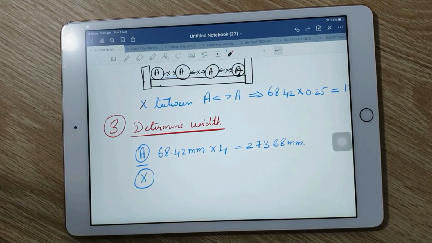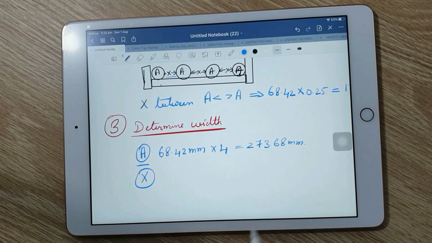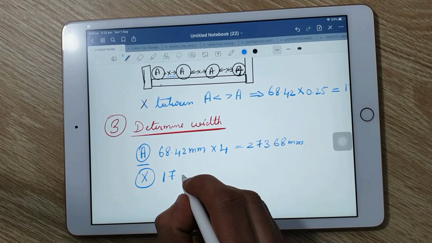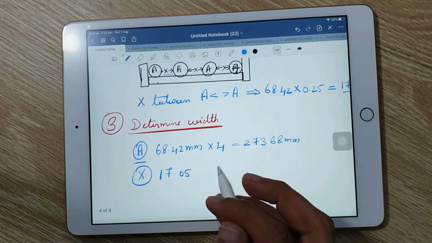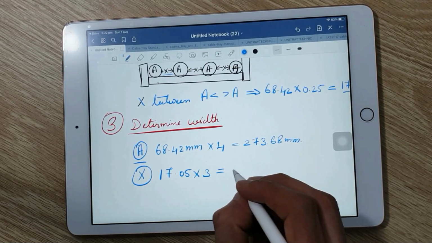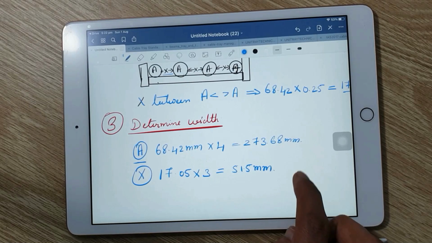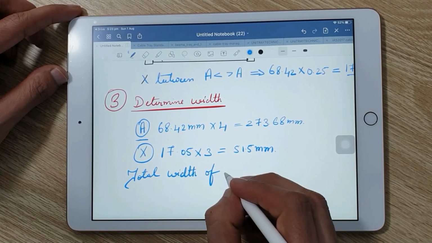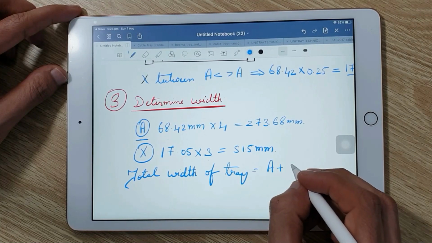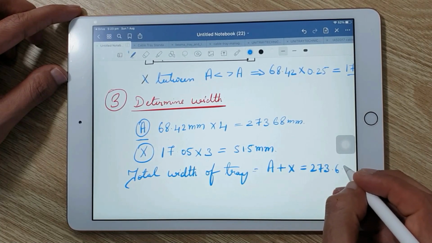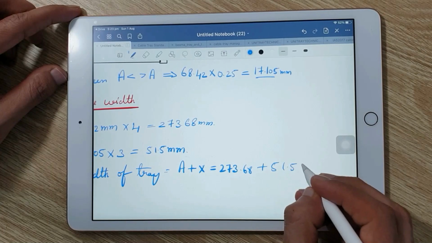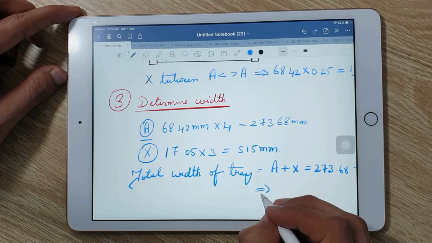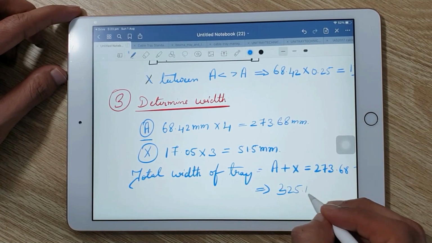And in order to calculate the total spacing between these conductors, 17.105 mm into 3, since we have 3 X values, so 51.5 mm is the answer. So the total width of the tray is A plus X, which is 273.68 mm plus 51.5. So this gives us a value of total width of tray as 325.18 mm.